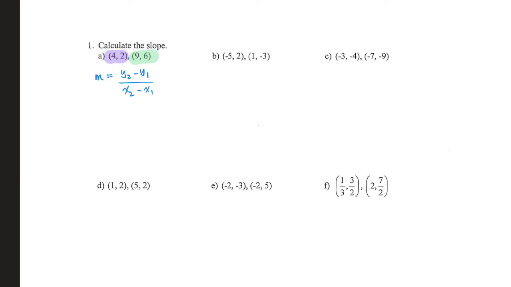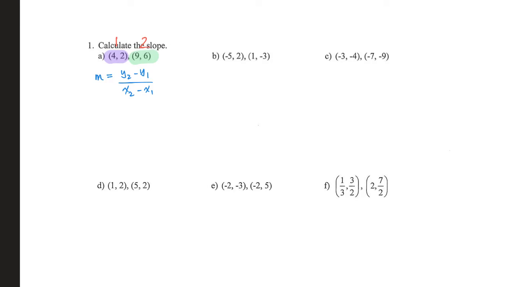There's my formula. Now, I need to declare one of those points as point 2 and one of those points as point 1. So maybe I say this is point 1 and this is point 2. And so now I'm going to blindly follow my formula.